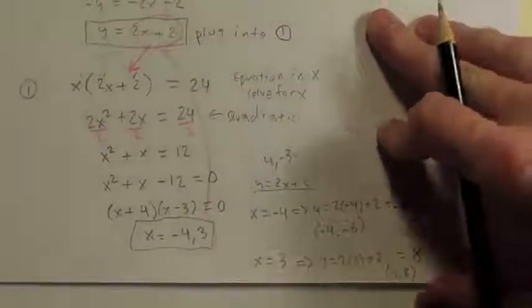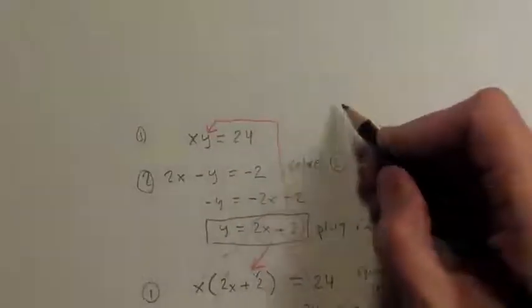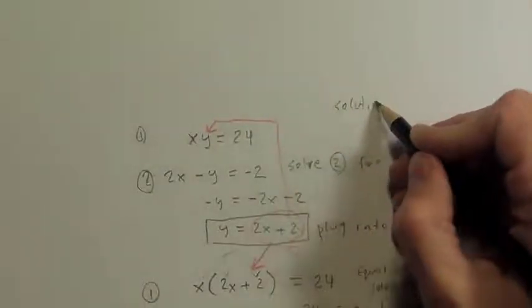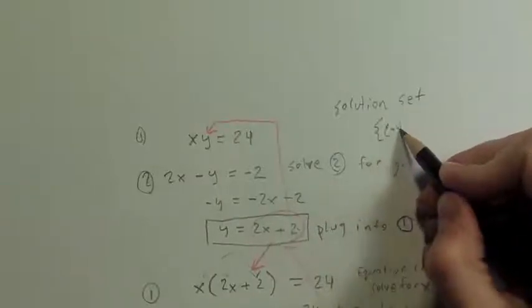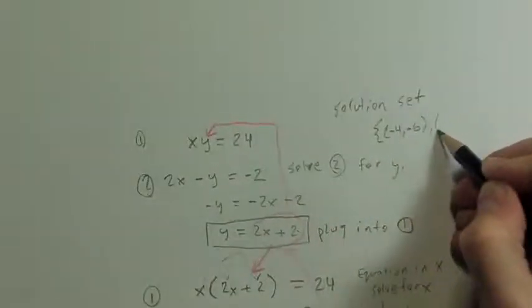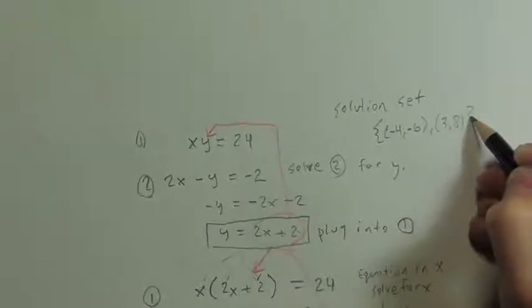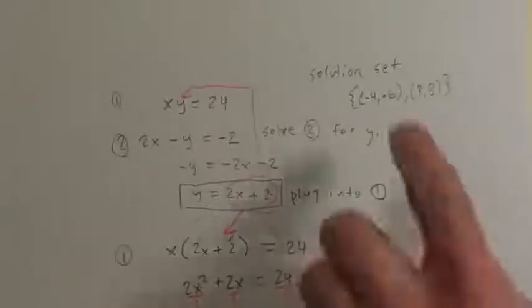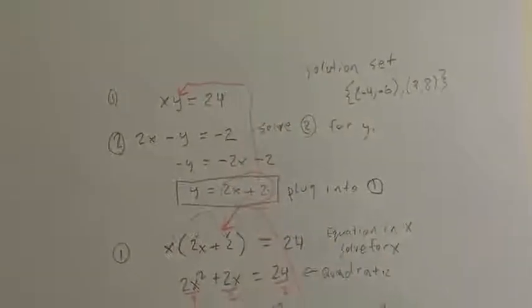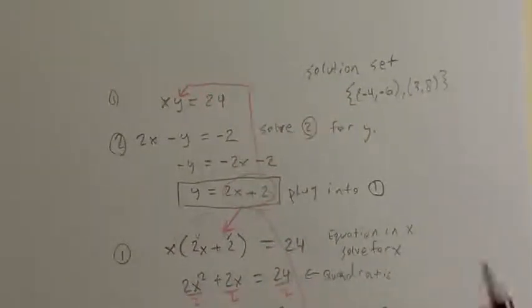Okay, so the solution set is negative 4, negative 6, comma, 3, 8. And there you go. That's that. If you want to check your work, you plug each one of these in to see if it satisfies both simultaneously.